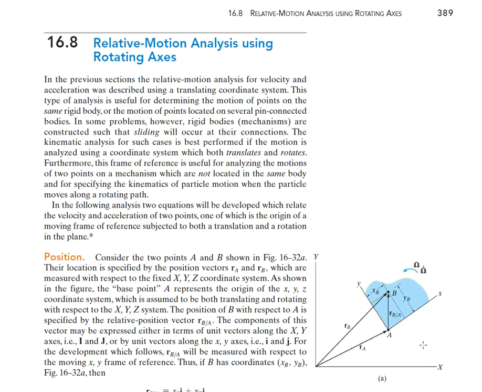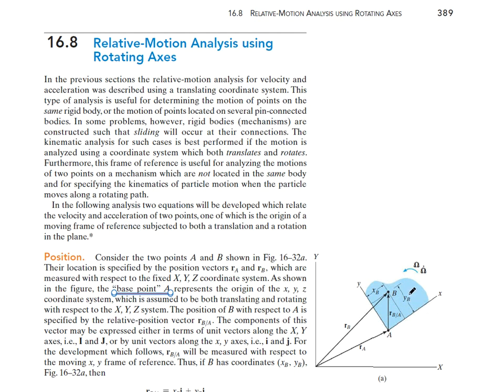So we have the fixed frame, capital X Y, and then the base point A, and the moving frame, lowercase x, y, with its origin at capital A. The origin translates and rotates, and the point B is changing location in this moving frame.